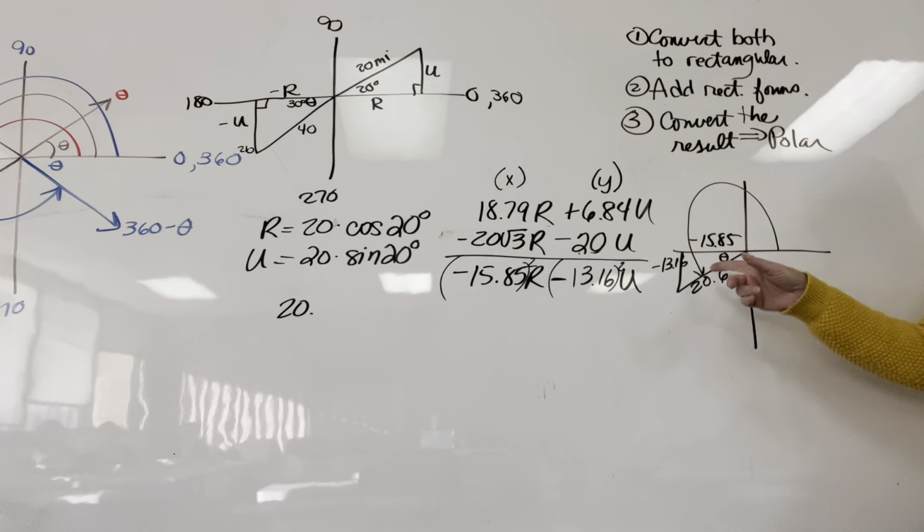I got 0.0. You did shift tan. 13.16 over 15.85. Jesse, what'd you get? Like 13.6.